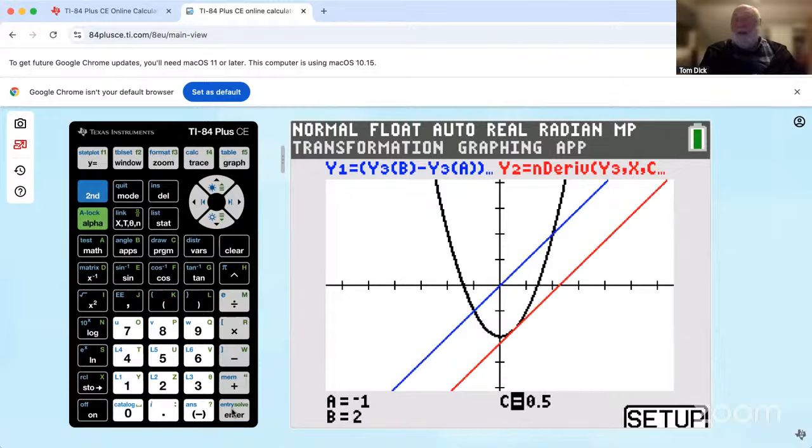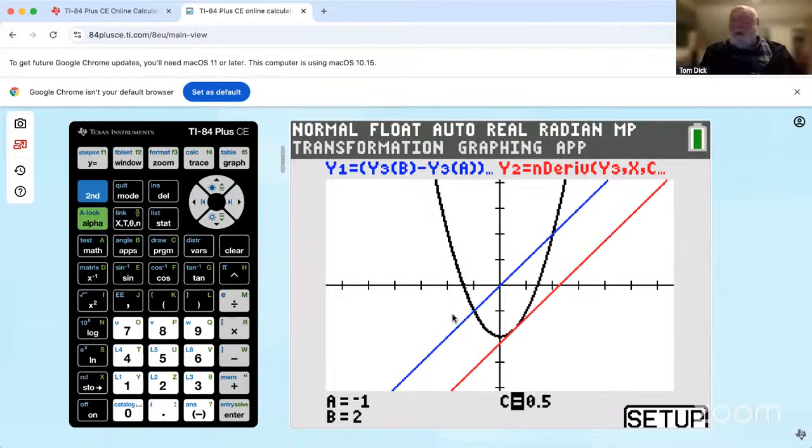Eyeballing it, it looks really good, but we could verify it by actually calculating the slopes of those two lines. But I think this is a pretty neat way to play with the mean value theorem.